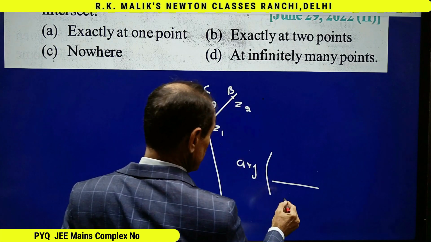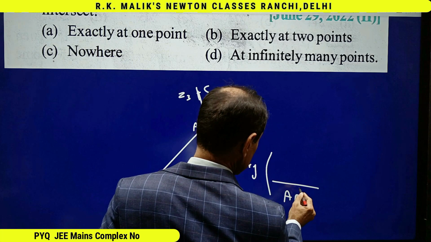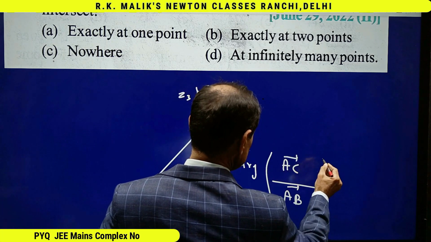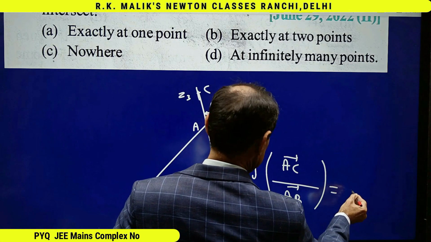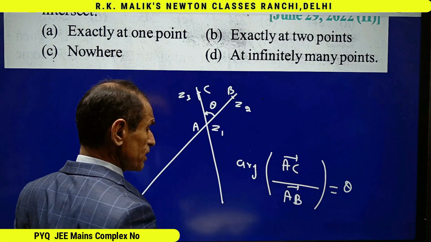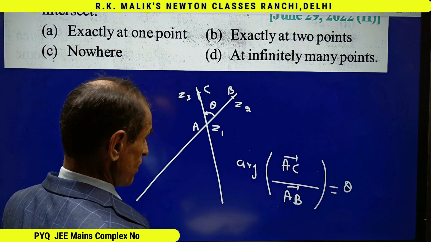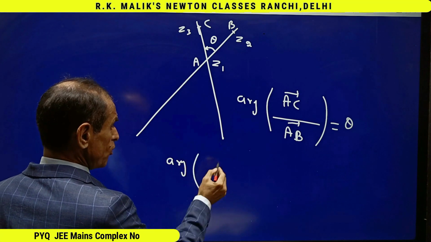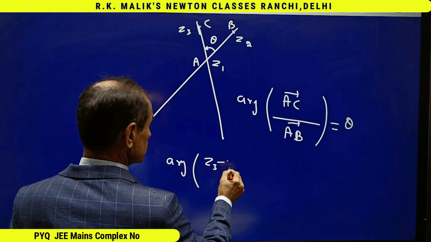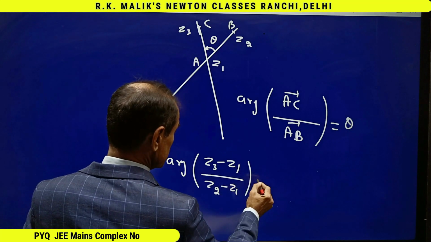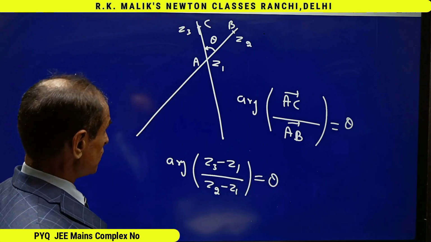It is starting from AB, therefore AB vector will be written in the denominator, AC vector will be written in the numerator, and this will be equal to theta. That is, argument of this complex number will be equal to theta. And further it means argument of (z3 minus z1) upon (z2 minus z1) is equal to theta.